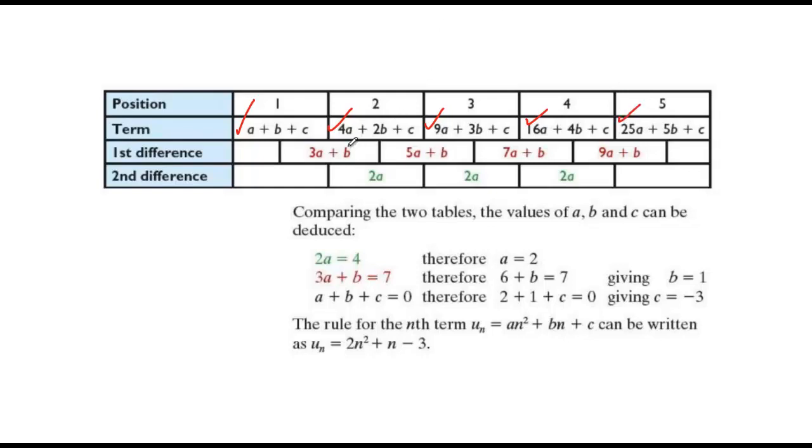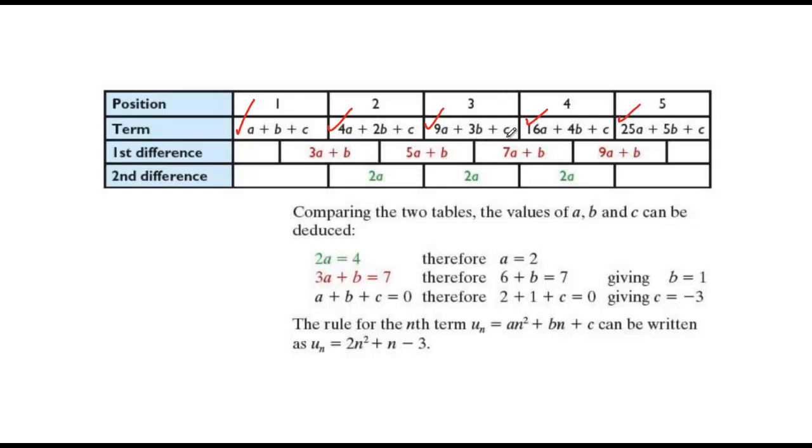Now, if we subtract the first term from the second term, the first difference will become 3a plus b. If we subtract the second term from the third one, it will give us 5a plus b.